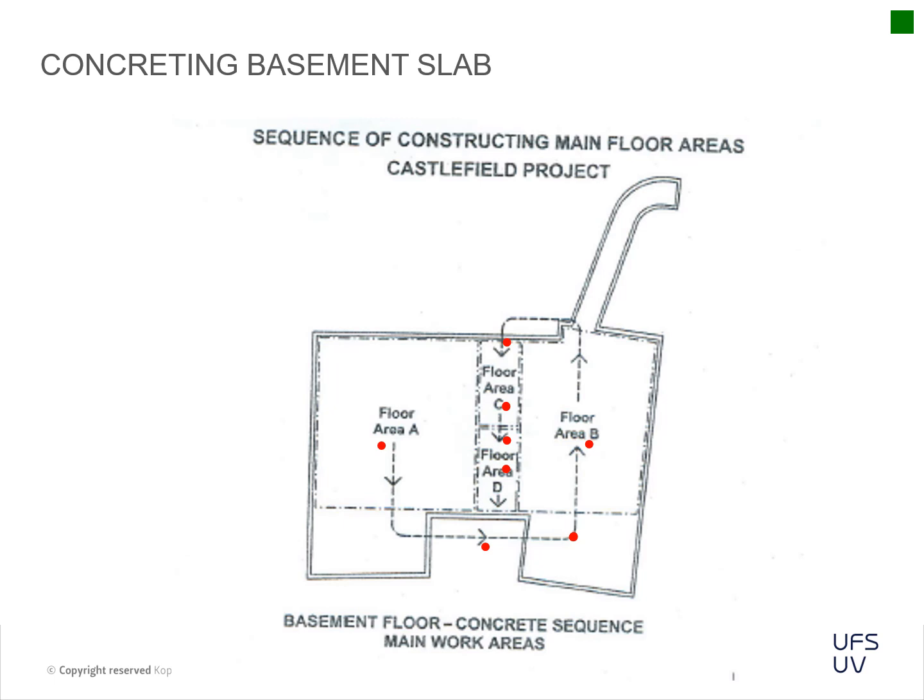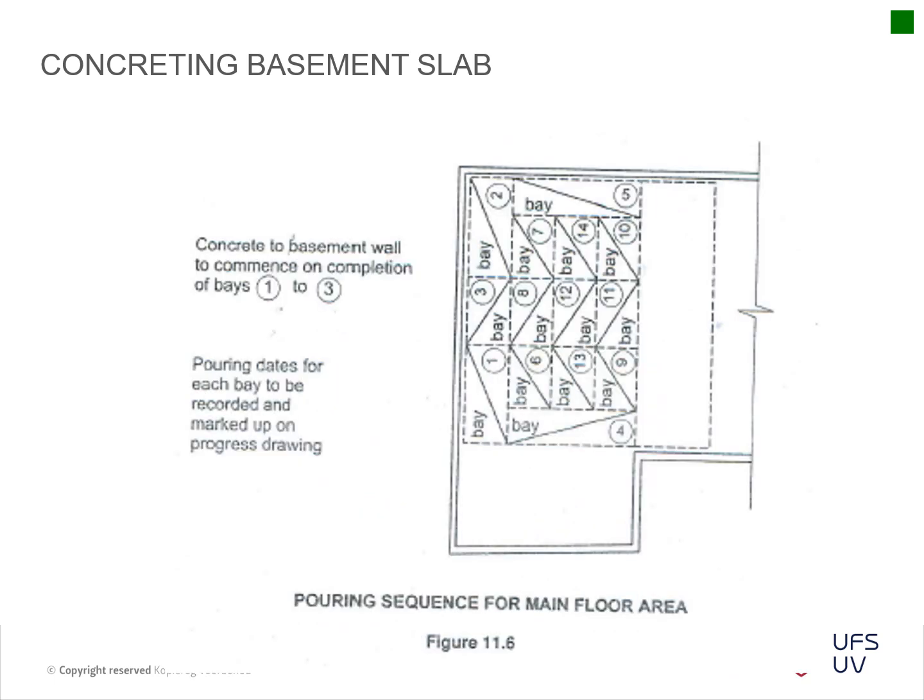So it's fairly straightforward. I like to do it in tabular form with sketches and drawings because it's just more logical, and you can get much more information within the drawing than trying to explain it on a piece of paper.